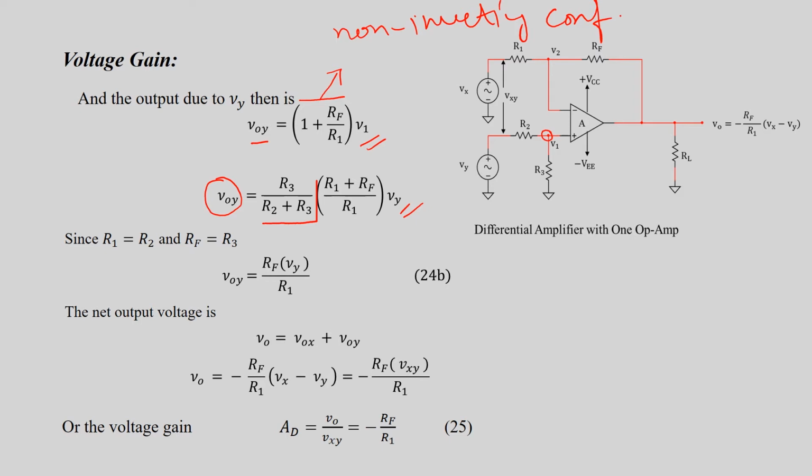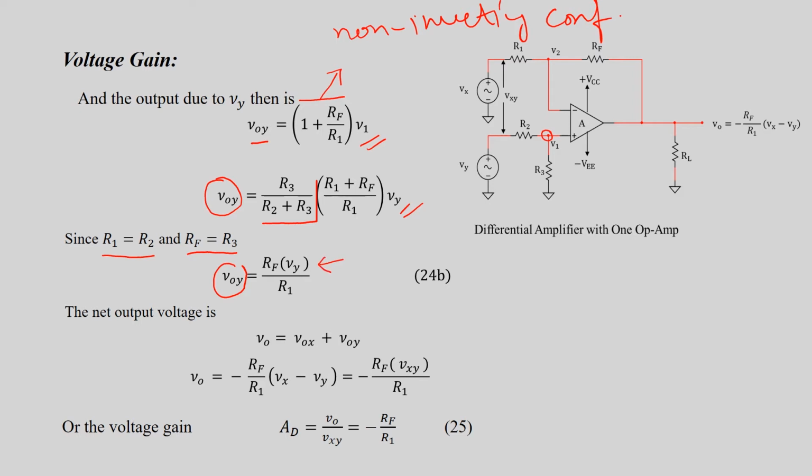Now we can make R1 equal to R2 and RF is equal to R3, just to simplify this circuit. So VOY will become RF by R1 into Vy.